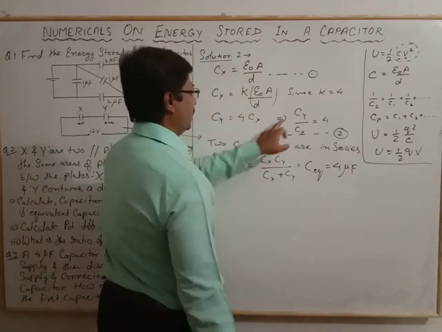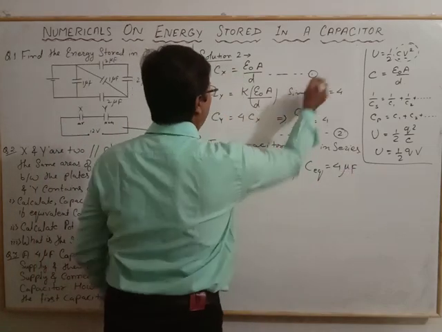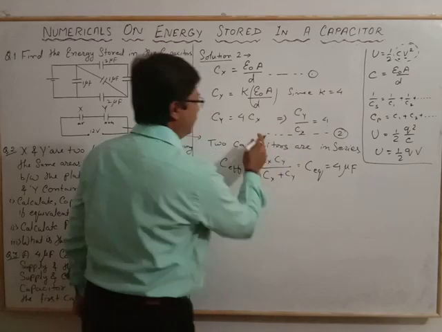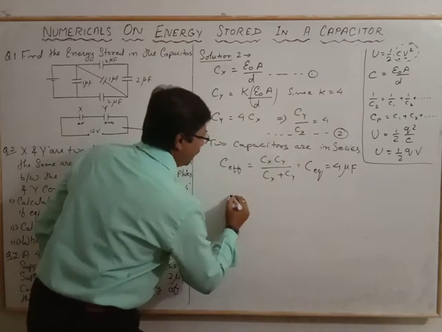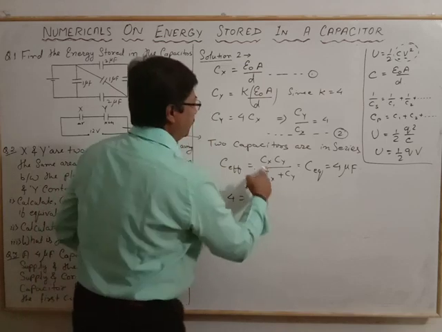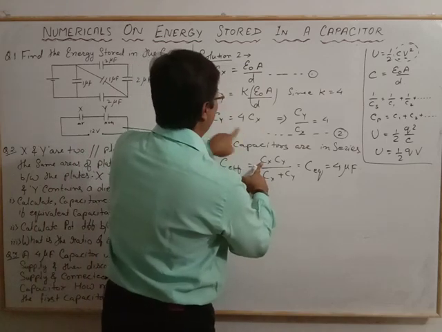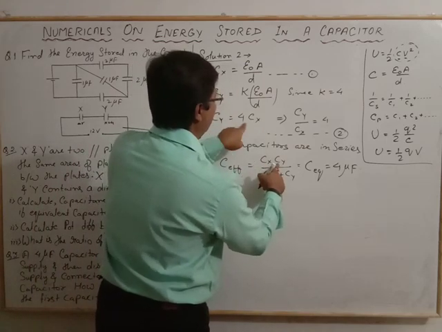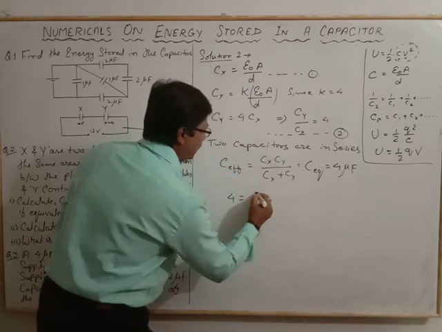Now just substitute the values from relations 1 and 2. The 4 is equal to Cx and Cy by Cx plus Cy. In place of Cy we put 4 times Cx.